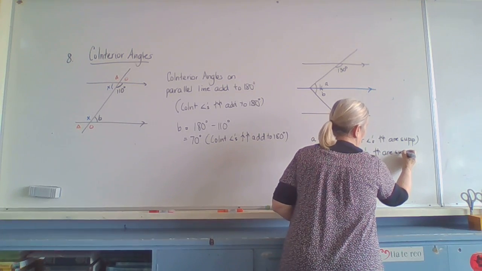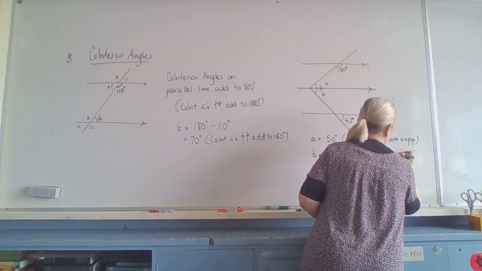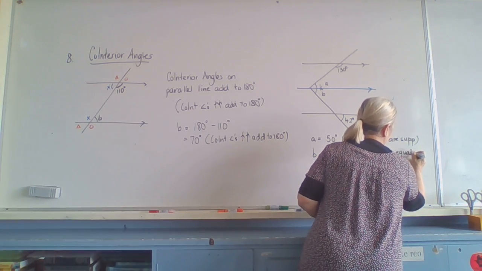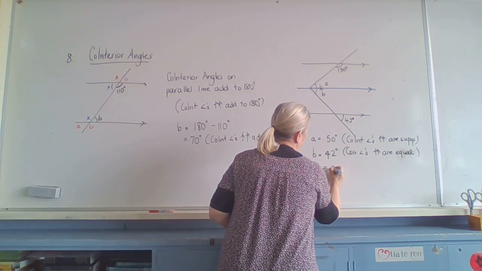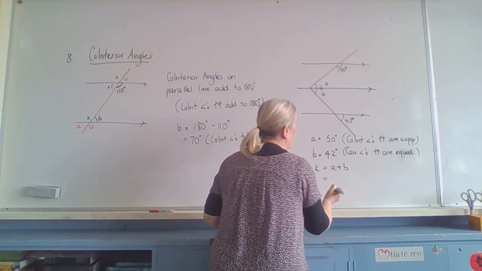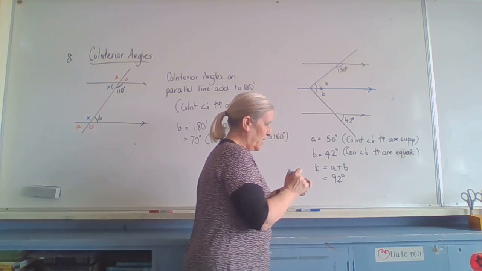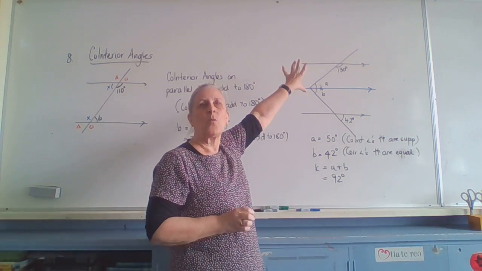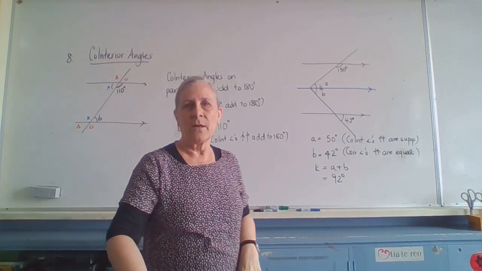Does corresponding mean same place? Yeah, corresponding places. So then we've got that K equals A plus B. There's no good reason for that apart from you can see it. And therefore it is 92 degrees. All right, so it's a little trick to make what looked like a difficult question a lot easier.